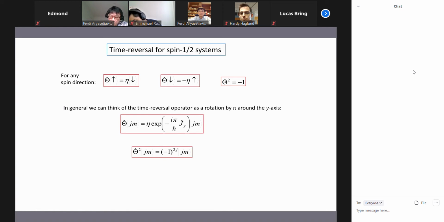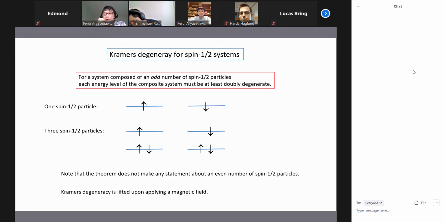So let's consider some examples. The simplest example would be to just have one electron, or one spin-half particle. So we have a state like this, one electron, spin up. Then the time reversed state is spin down.